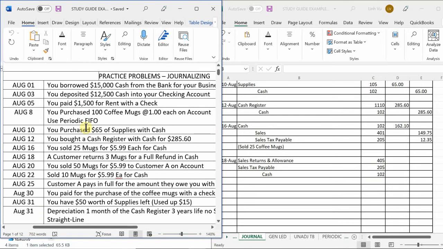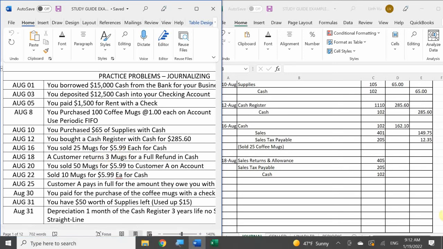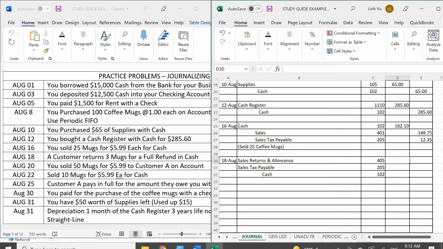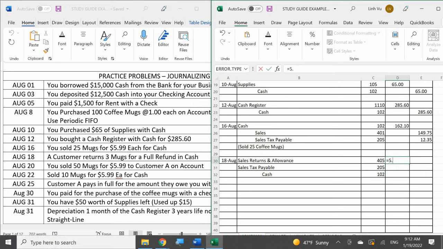If I originally charged my coffee mugs $5.99 each and 3 of them are being refunded, how much is that? $17.97.